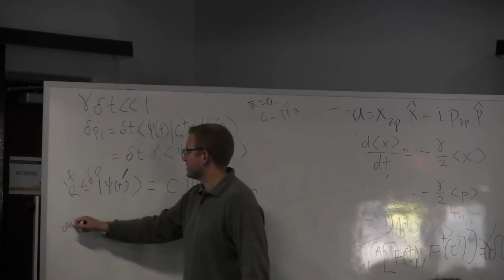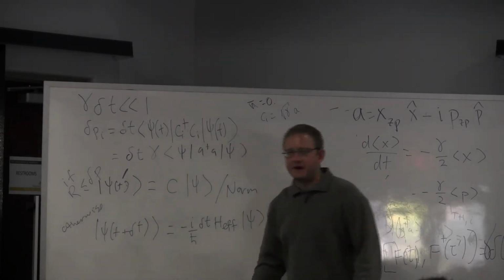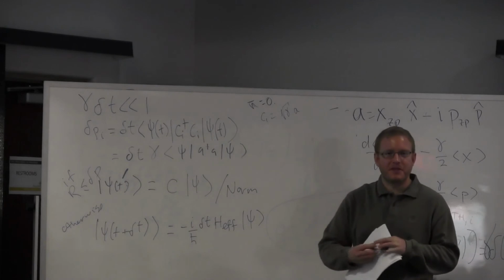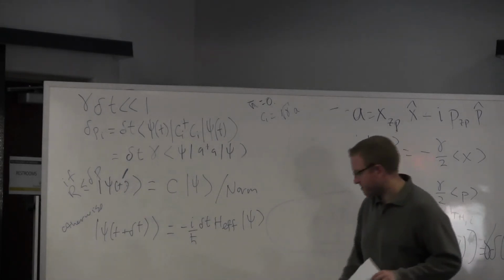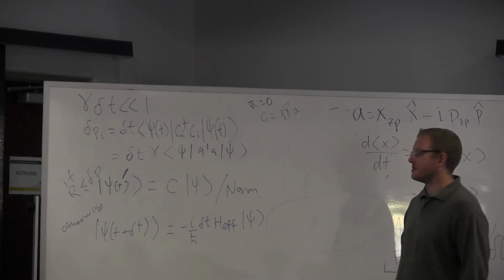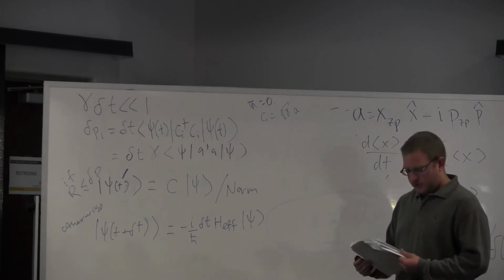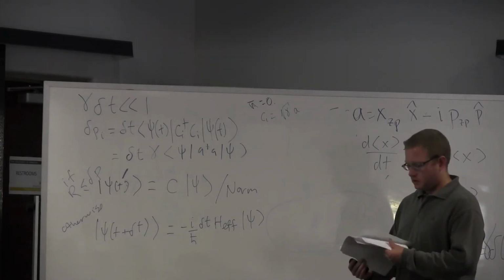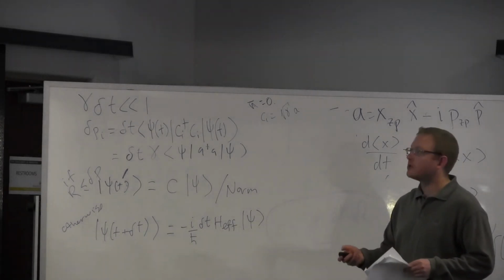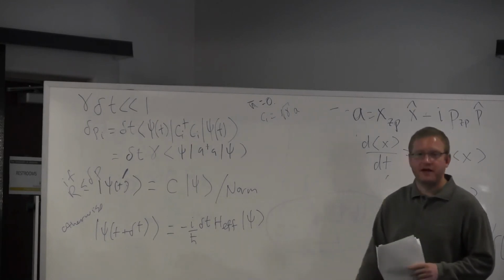Otherwise, there's no jump during that interval. And that's a very, very thin piece of pseudocode, if you will, for how to do Monte Carlo wave function integration. So you have to code that up on the computer.